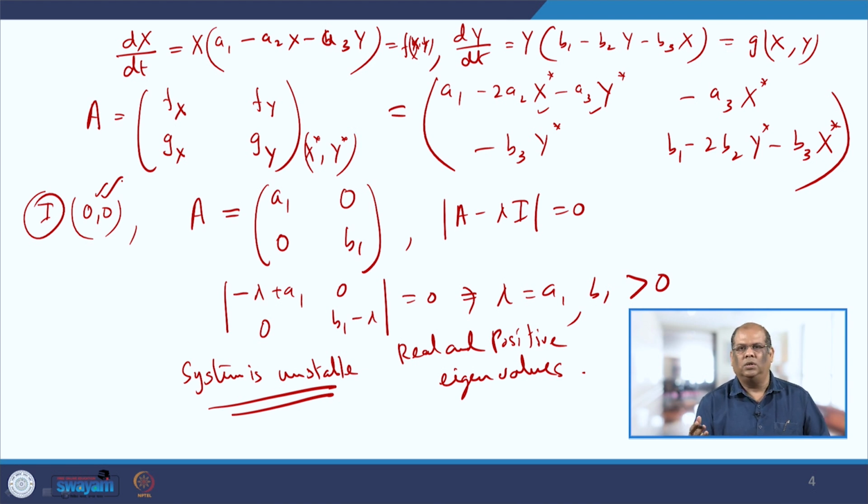So, nature wants coexistence, that both the species must survive, and hence it is quite justified that your 0, 0 is unstable. Let us move to the second one, which is a1 by a2, 0.